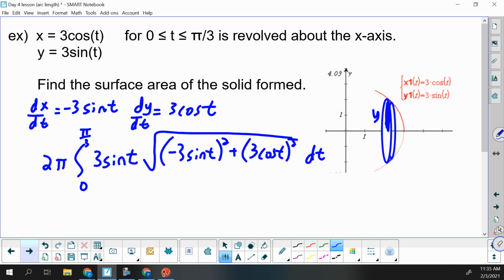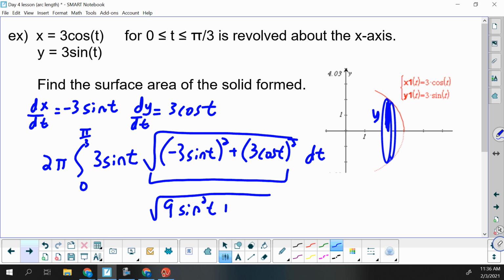Now, sometimes these ones will be ones where you just sub in. We're going to try and do this one algebraically. And you'll see on the homework, it'll say to try all but number 35 algebraically. So for this part here, we're going to end up with 9 sine squared t plus 9 cos squared t.